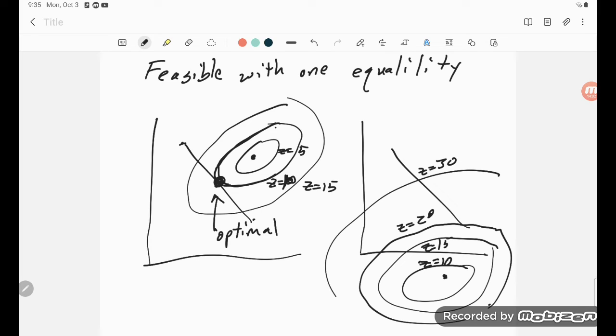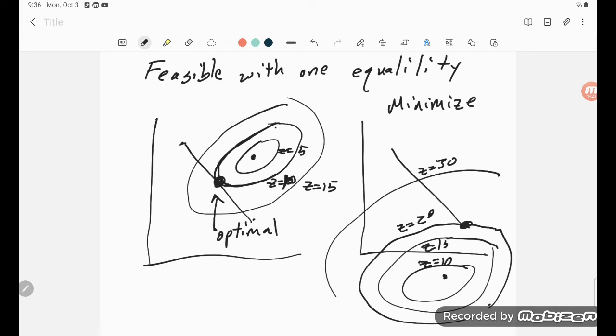And again, let me write down minimize for these, because if we're maximizing, we need the biggest value. But if we're trying to minimize, we want the smallest value. And so in this case, it is right at the end. Okay, so either of these could happen with this quadratic case.